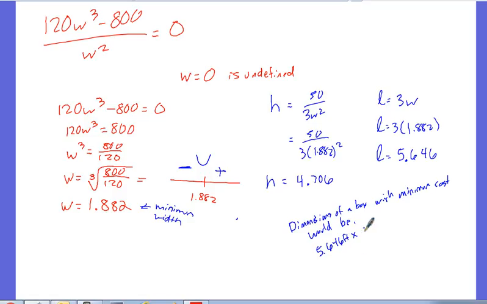By 1.882 feet by 4.706 feet. We good? Okay. So it's just dimensions of a box with minimum cost would be, and then I just put my length, width, and height.